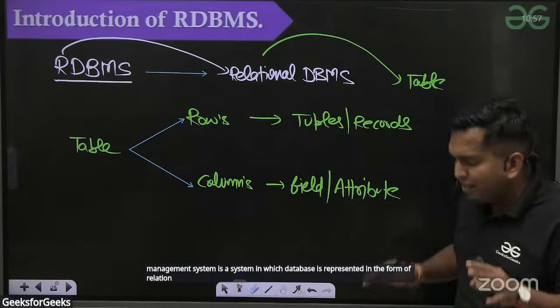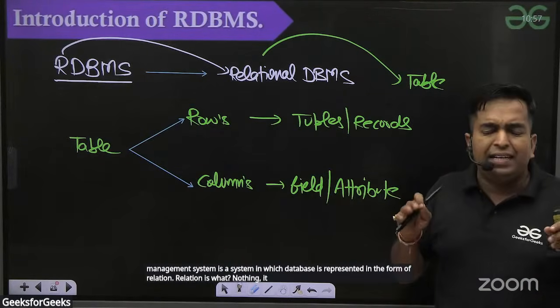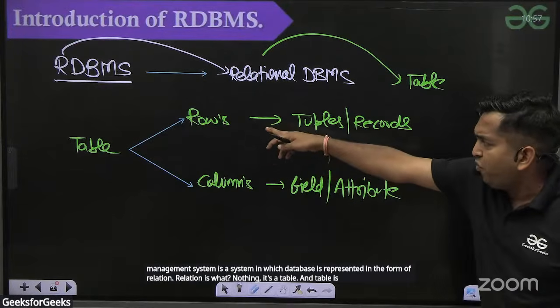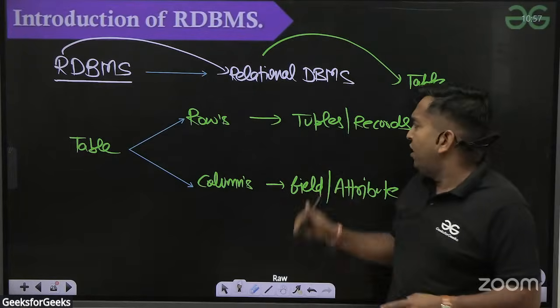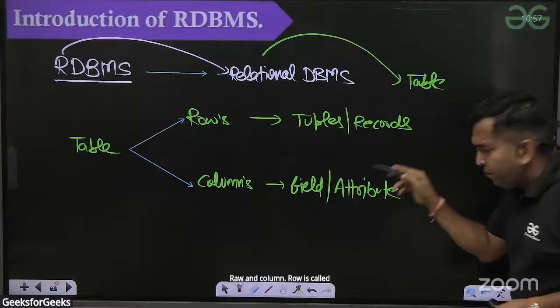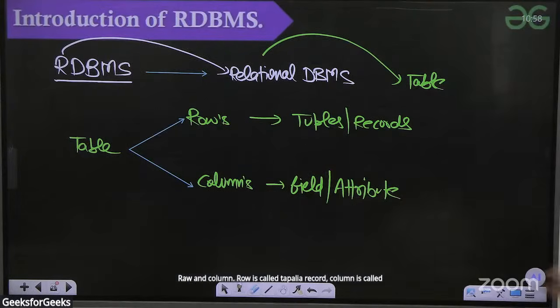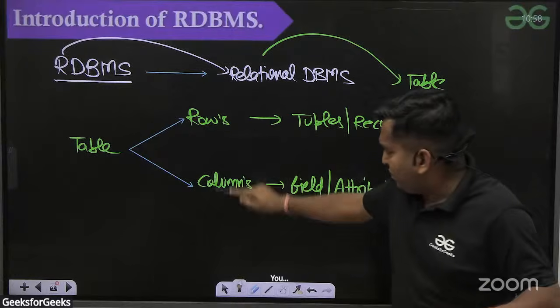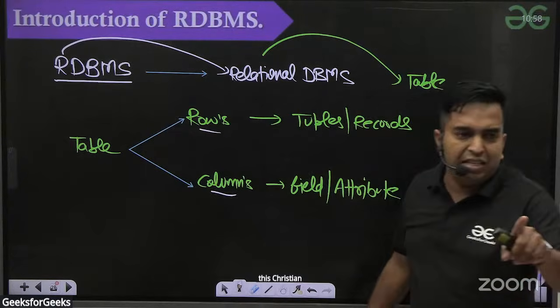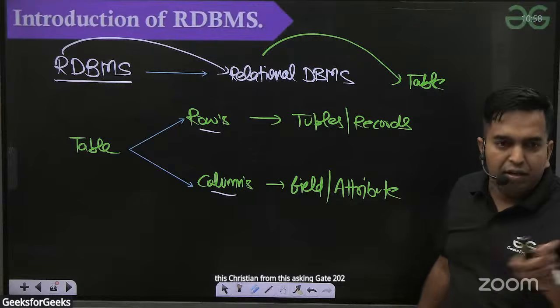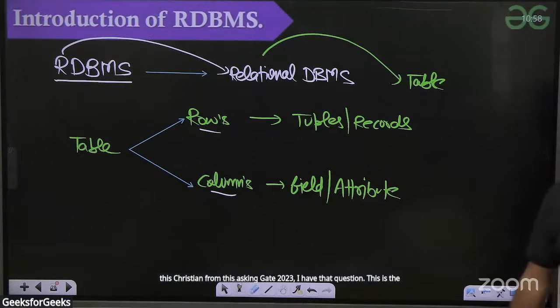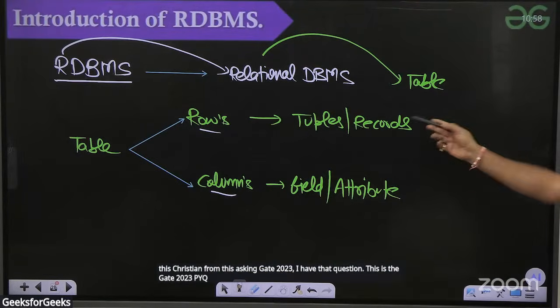Relation is nothing, it's a table, and a table is a collection of rows and columns. A row is called a tuple or record. A column is called a field or attribute. This question was asked in GATE 2023. This is the GATE 2023 PYQ. Degree or arity is what?